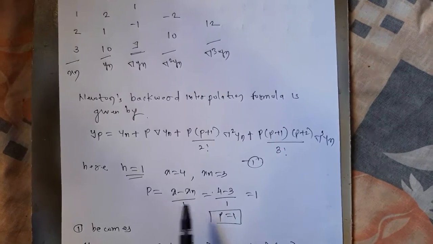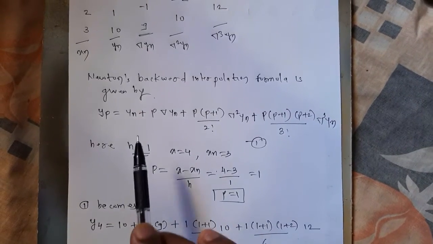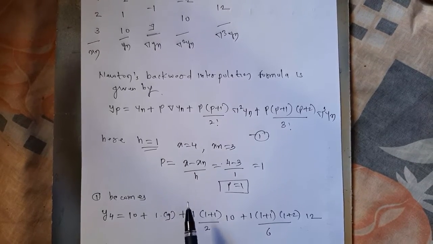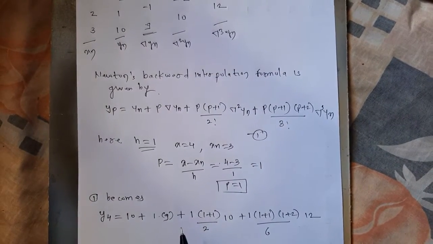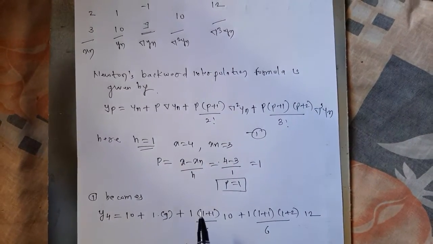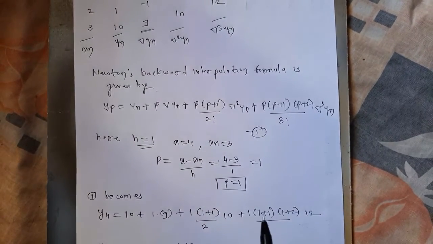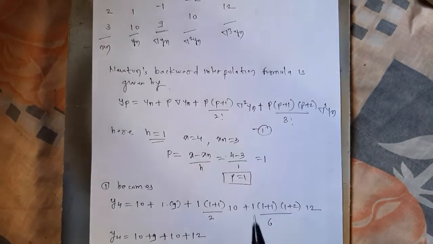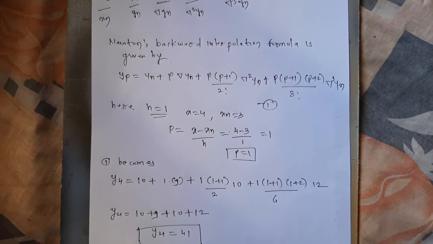So p becomes 1. Therefore my equation number 1 becomes y of 4 equal to yn, the last value, that is 10, plus p which is 1 into del of yn which is 9, plus 1 into 1 plus 1 upon 2 factorial into 10, plus 1 into 1 plus 1 into 1 plus 2 upon 6 into 12. After calculating, I will get y of 4 as 41. Thank you.